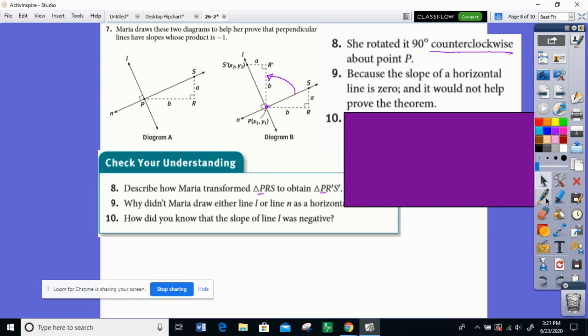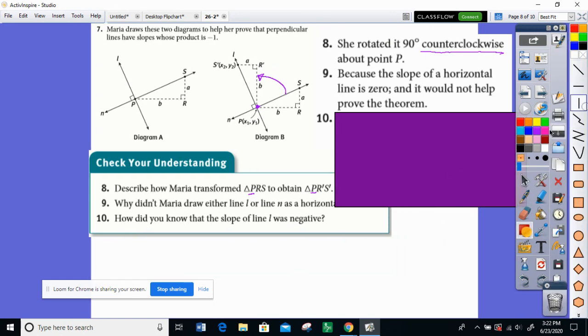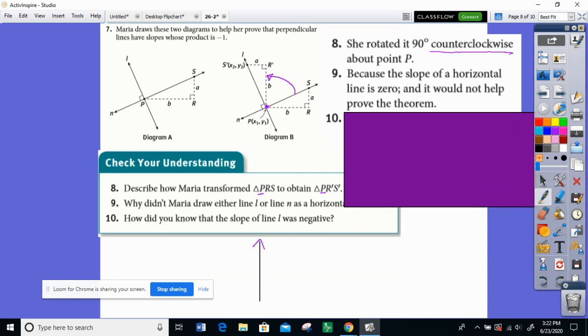We wouldn't be able to work out that product of the two slopes because another helpful thing to remember here is that when you have a vertical line, then the slope is undefined. So you can't do undefined times 0. That's the one case where the slopes do not have a product of -1.